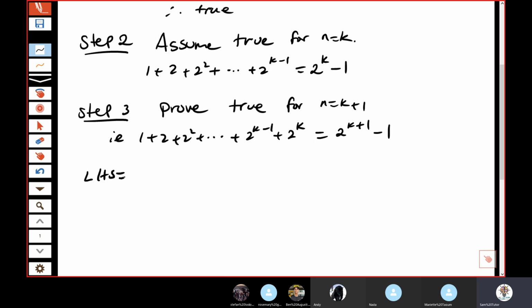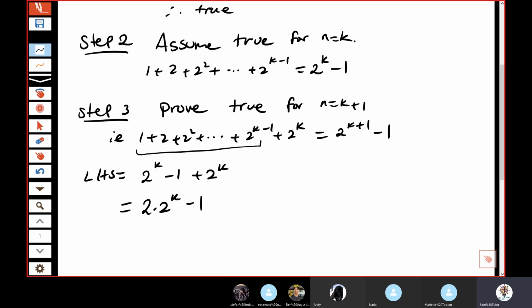Left-hand side equals all of this, which is our assumption. So 2 to the k minus 1 plus 2 to the k, which equals? You're right. One extra step. I think there would be one thing we would like to see. If you have to, probably write 2 times 2 to the k minus 1.